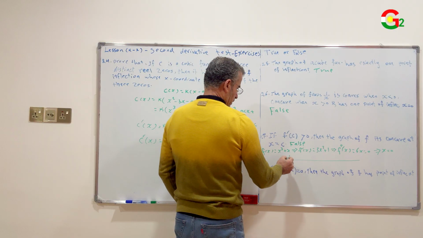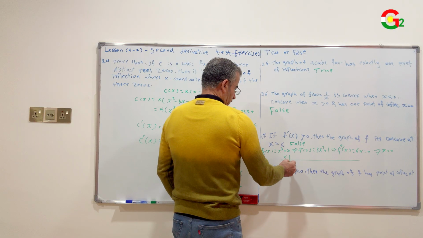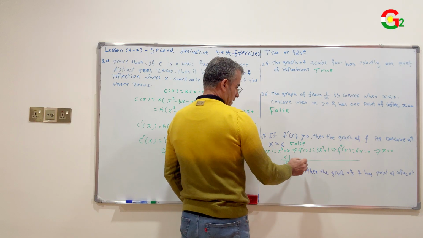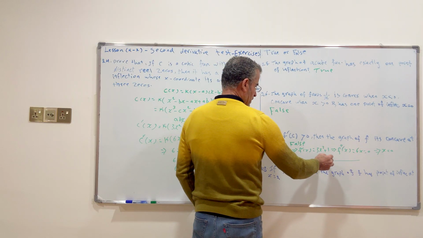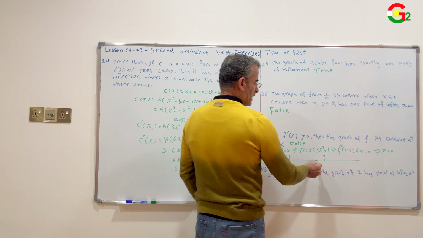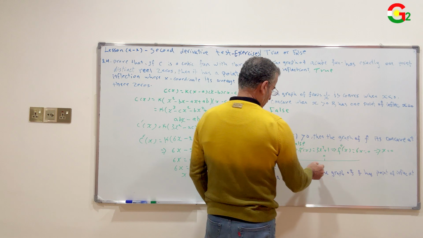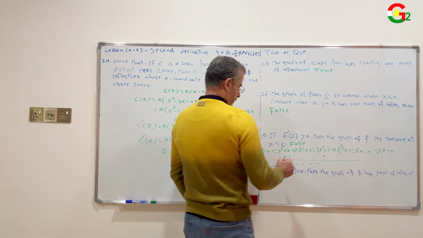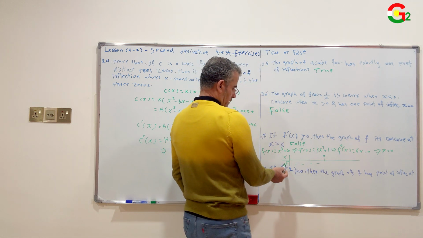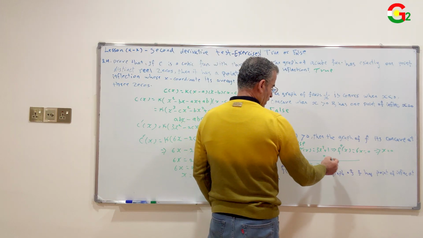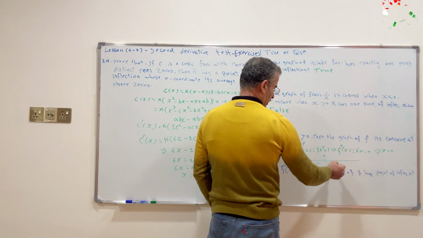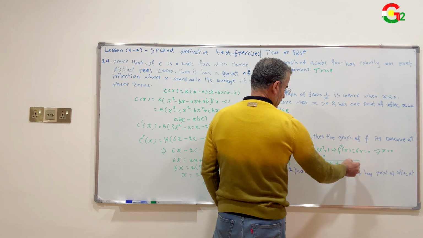Find the sign of the second derivative before and after 0. Before 0, when x is negative 1, the second derivative is negative. When x is greater than 1, the second derivative is positive.